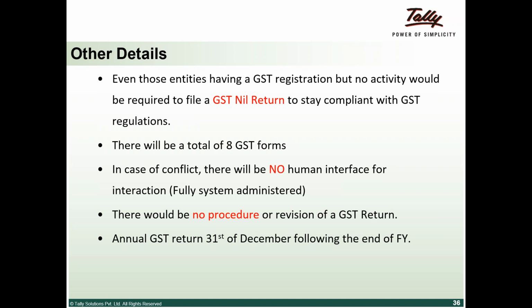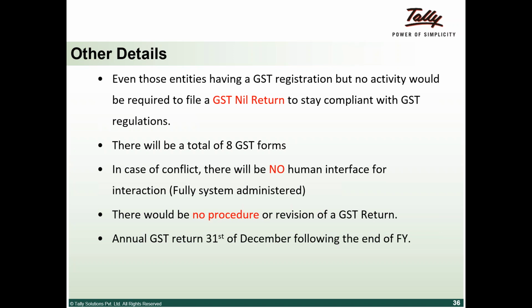So basically GSTR 8 would be an auto-populated one, which gives you a view of the 12-month transactions, all your GSTR 1s, GSTR 2s, and GSTR 3. Basically, was there any payable, and if that has got paid.